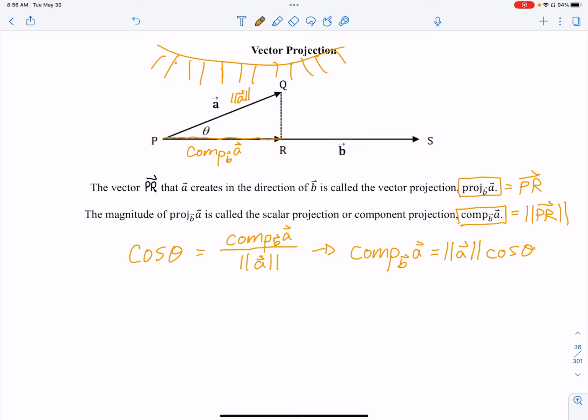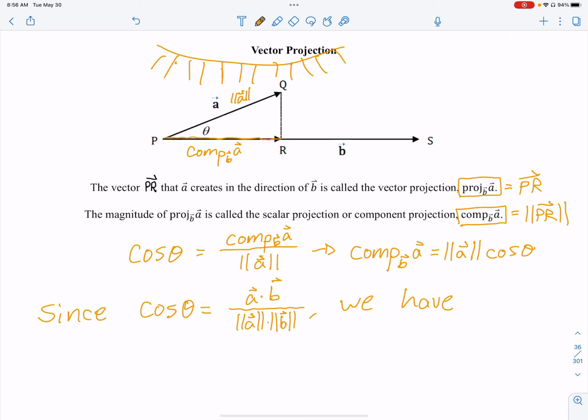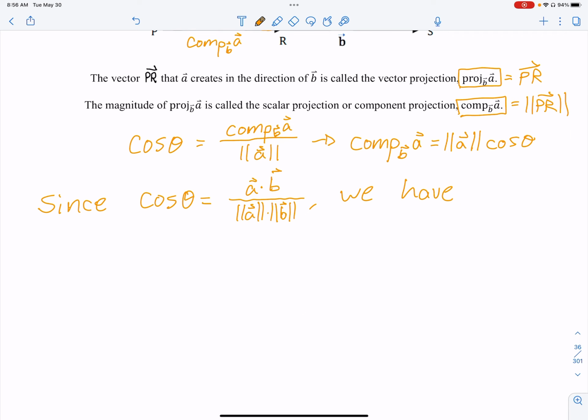Now we do have the formula for the cosine from that last video: cosine theta is equal to the dot product A dot B over the magnitude of A times the magnitude of B. I'm just going to replace cosine in my formula with that.